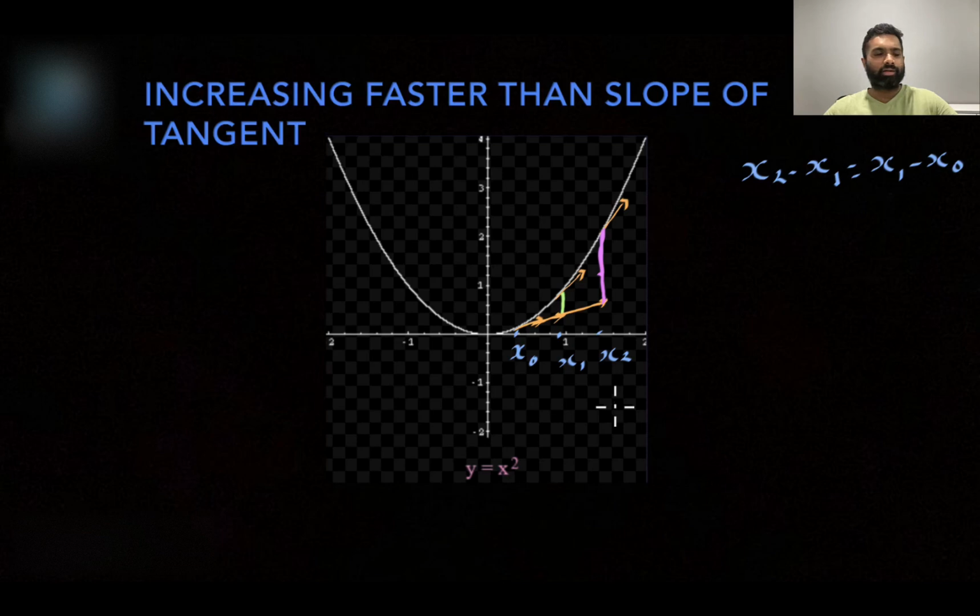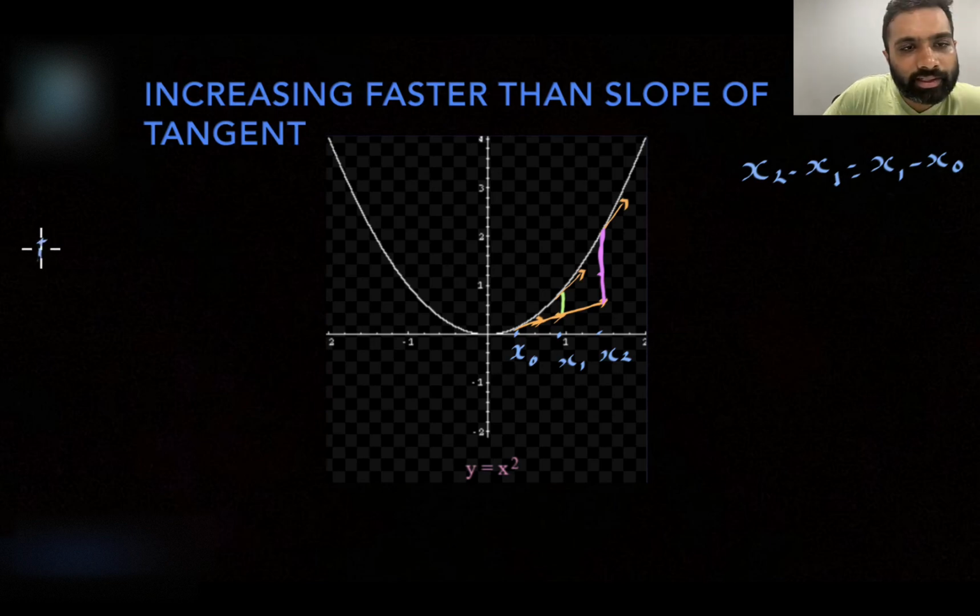Ideally, if you take twice the deviation and it is increasing at a somewhat linear rate, then the pink line will be somewhat near twice the green line, since x2 minus x0 will be twice x1 minus x0. But the function is not increasing linearly, it is increasing at a rate more than linear. So we can say that the pink line is more than twice the green line.